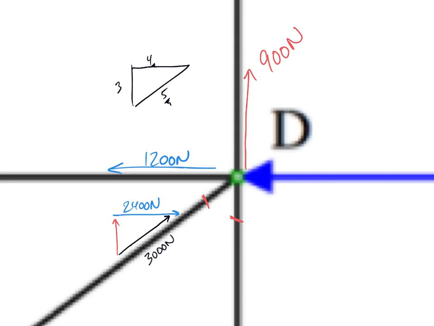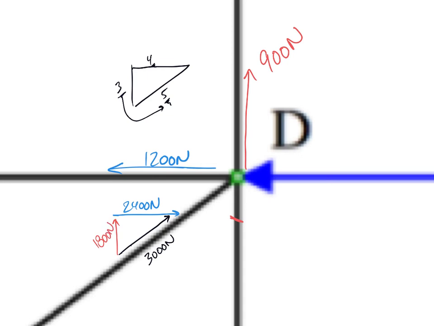Okay, and then that will also enable us to get this red bit right here, to get that vertical, right? Because we'll just say, okay, well, this side here is 3/5 of that side. So we'll take that 3000, divide by 5, and get 600, multiply times 3, and we're going to get 1800 newtons.